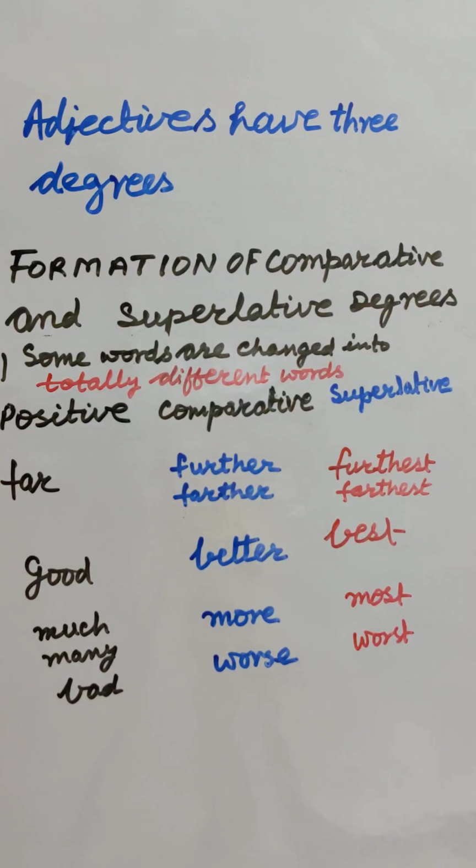Good: comparative is better, and superlative is best. Much or many: comparative is more, and superlative is most. Bad: comparative is worse, and superlative is worst.